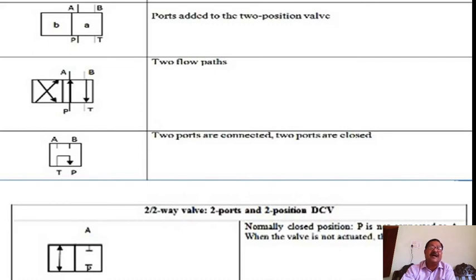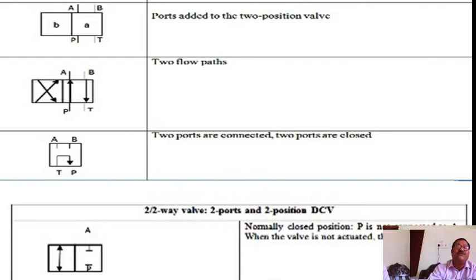See here, P to B and B to P are also possible, and A to T is also possible. Like this, two flow paths, two ports, and two positions.